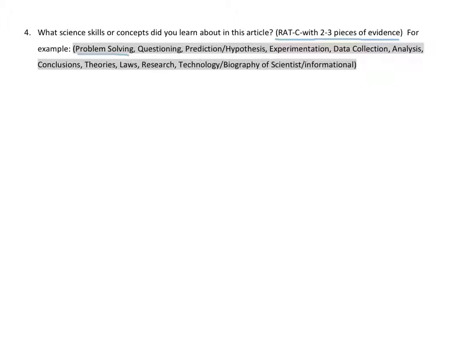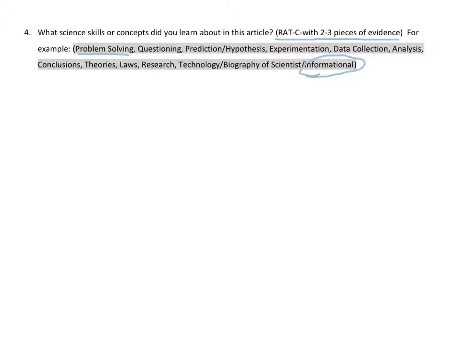Again, in the example that I was using, I am imagining that I read the article about sharks, and because that was the picture on the front of the magazine that I chose in a few slides ago, needless to say, I know for a fact that that article would be an example of something that's informational, something that just presents facts and description of sharks.